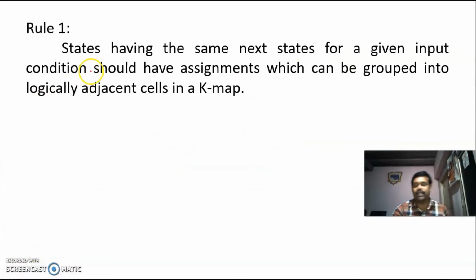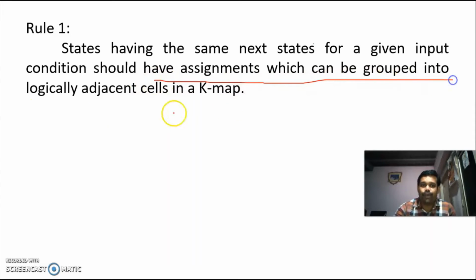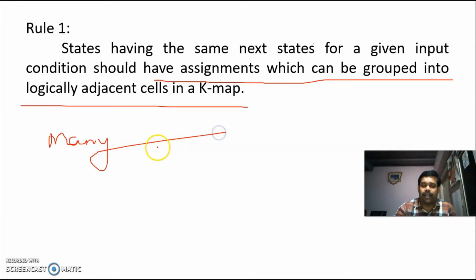Once more, the rule is saying the states which have the same next state for a given input condition should have assignments grouped into logically adjacent cells in the K-map. Just remember one thing: many to one. Now we will go to the state diagram and I will clearly explain the rule.